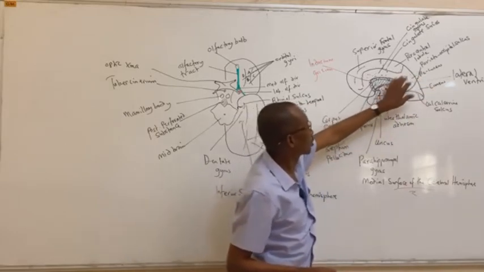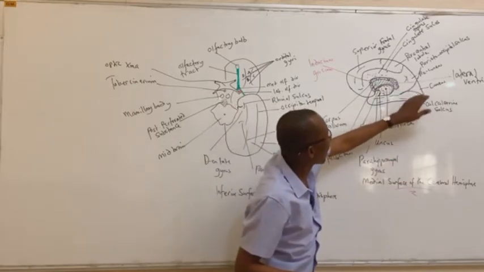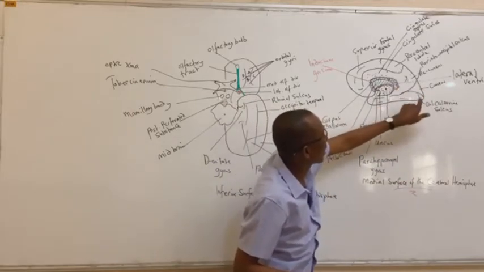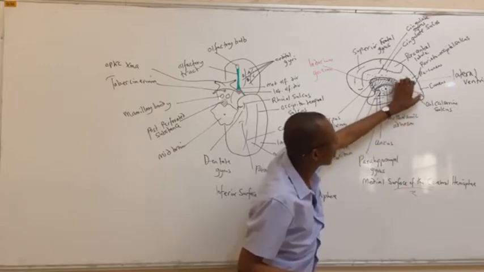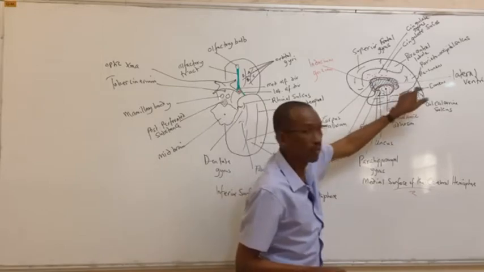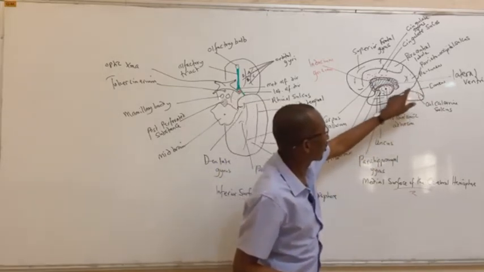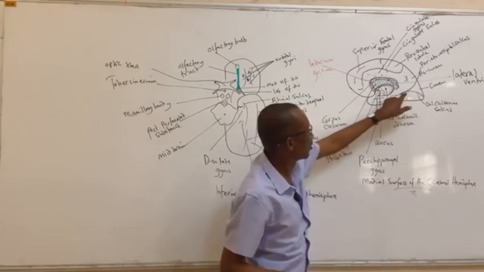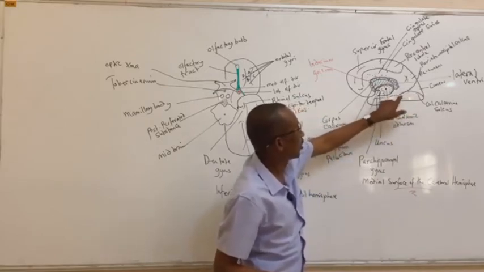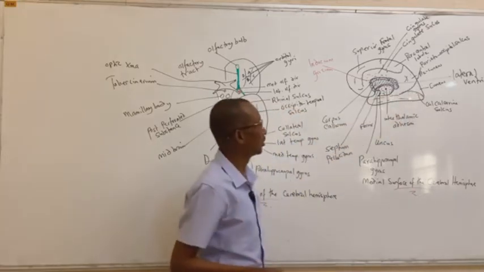This precuneus is also part of the parietal lobe. And so immediately after the parieto-occipital sulcus and the calcarine sulcus, that small portion of it is what we call the cuneus. This cuneus is part of the occipital lobe. And so the calcarine sulcus and the parieto-occipital sulcus from the medial side unite together to form a wide Y-shaped sulcus that nearly extends into the temporal lobe.